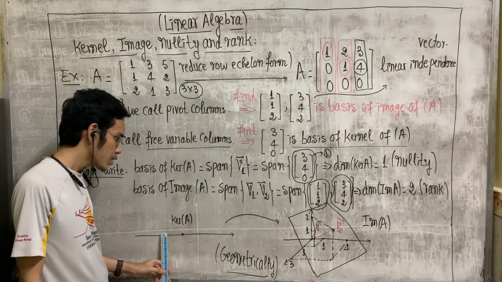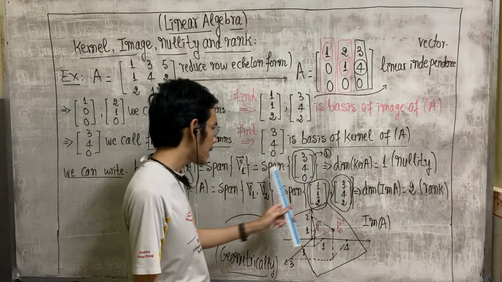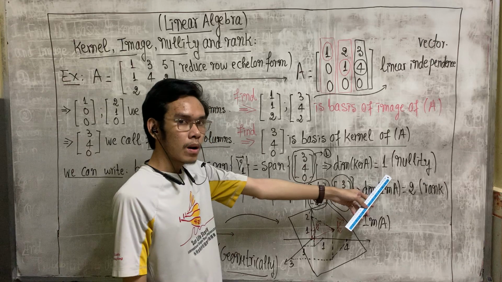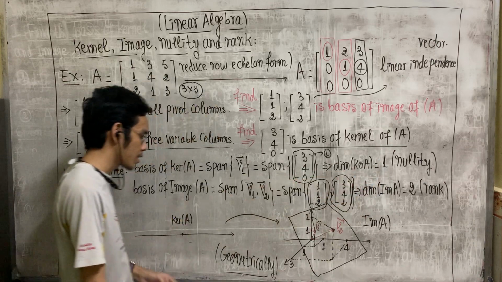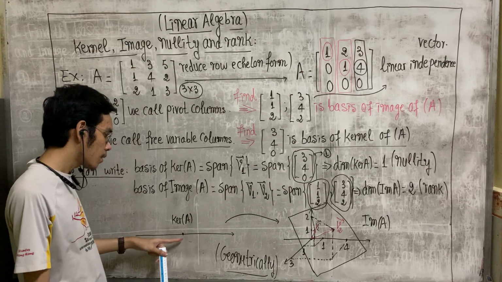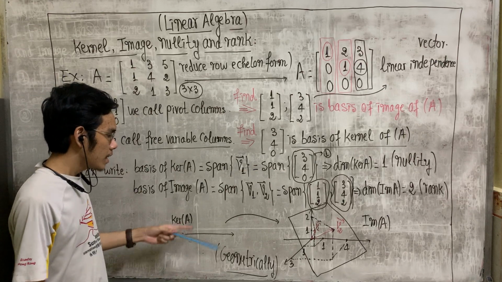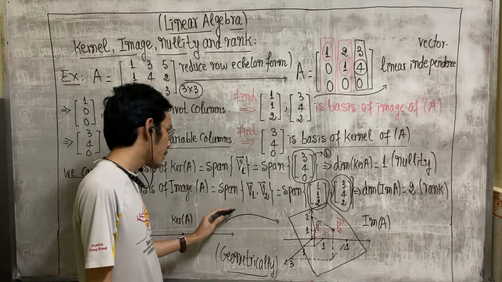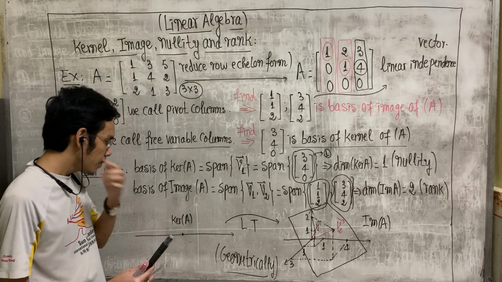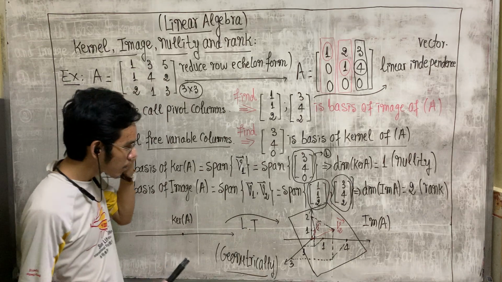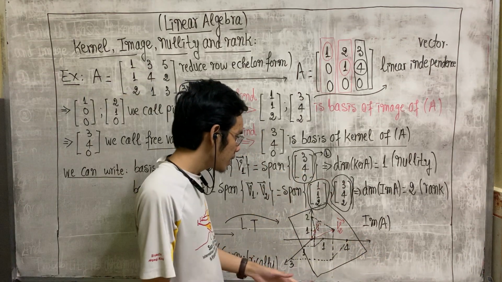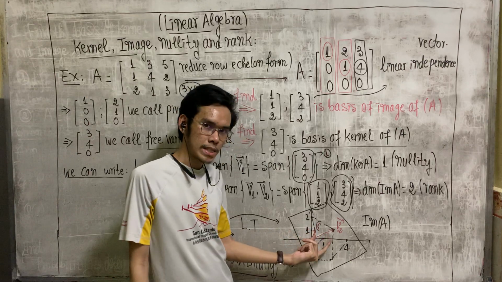Because the dimension of the kernel of our matrix is equal to 1, it is a straight line. So the kernel of the matrix A is a straight line, and it takes the linear transformation to the image. The image of the matrix A is a two-dimensional space.